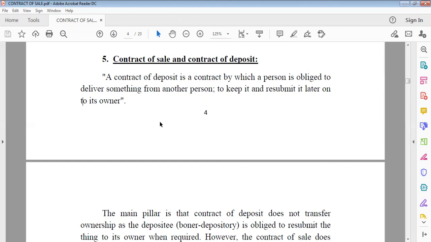Maybe this contract of deposit is with an opposite or without an opposite, meaning it may be a paid or unpaid deposit. However, you have to resubmit it to me when I require it or when I demand it. Okay, so this is the contract of deposit.